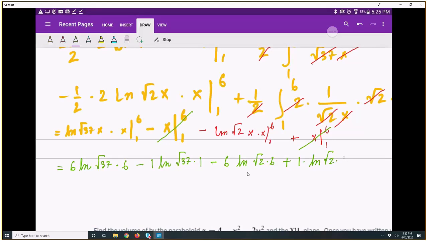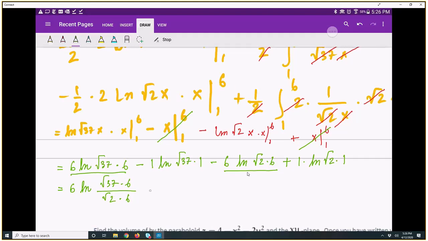So now use this thing and this thing together, use the quotient rule, and you are going to get, if I factor out the 6, it's natural log of square root of 37 times 6 over square root of 2 times 6, so I can cancel the 6 terms.